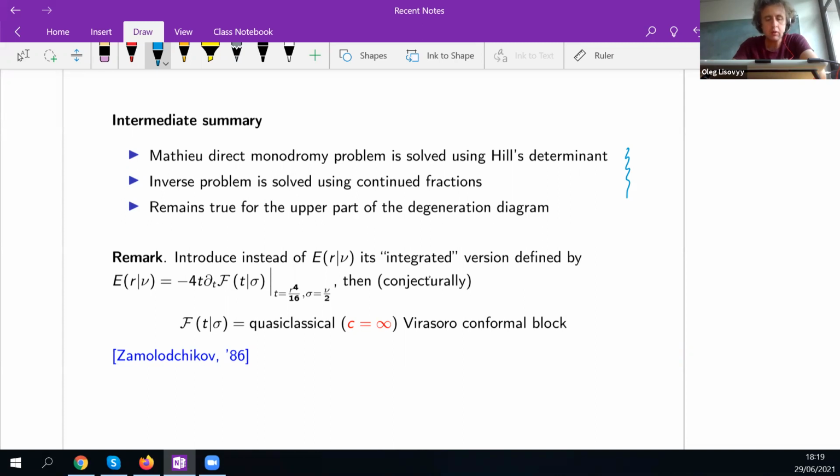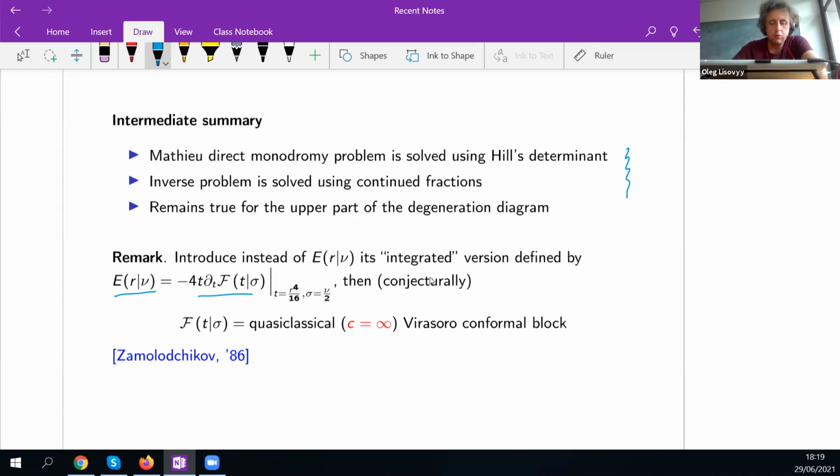integrated version, so basically this E is the logarithmic derivative of another function which I call f. And there is a nowadays well-known conjecture that this f is the quasi-classical Virasoro conformal block.